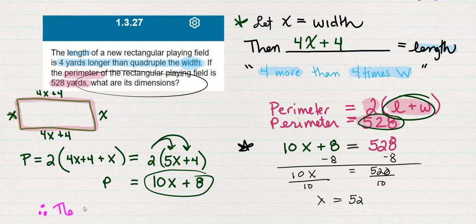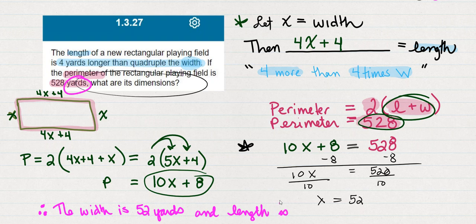Therefore, the width is 52 what? 52 yards. And the length is 4 more than 4 times that. So if I take the 52, multiply it by 4, I get 208, add 4, I get 212.